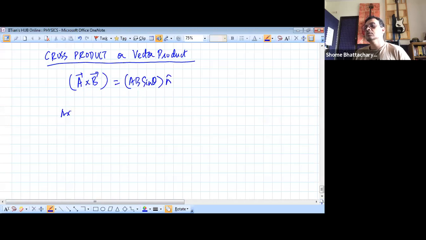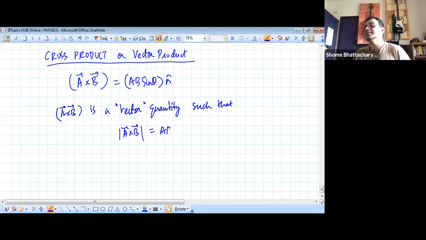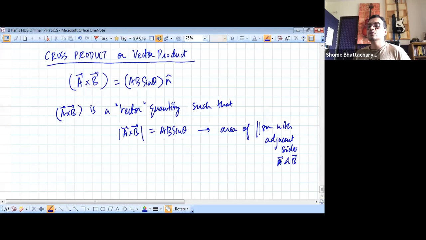So A cross B is a vector quantity, unlike scalar product, which was a scalar quantity, such that the magnitude of A cross B is AB sin theta. And this magnitude is in fact equal to the area of the parallelogram with adjacent sides A and B.